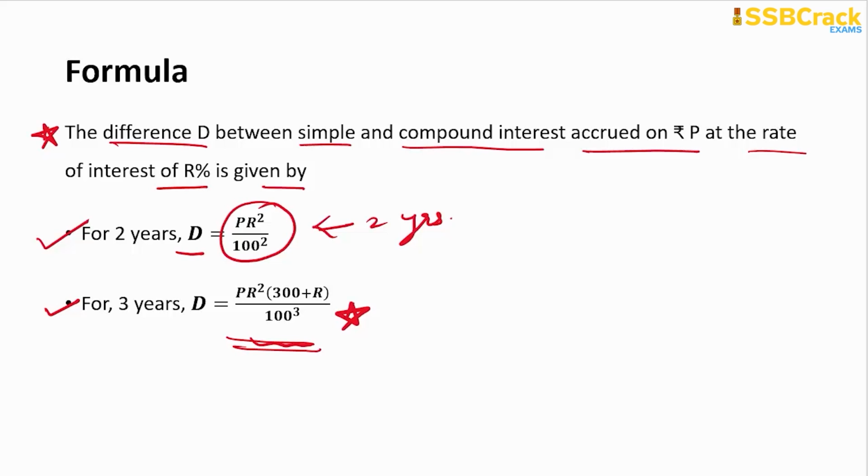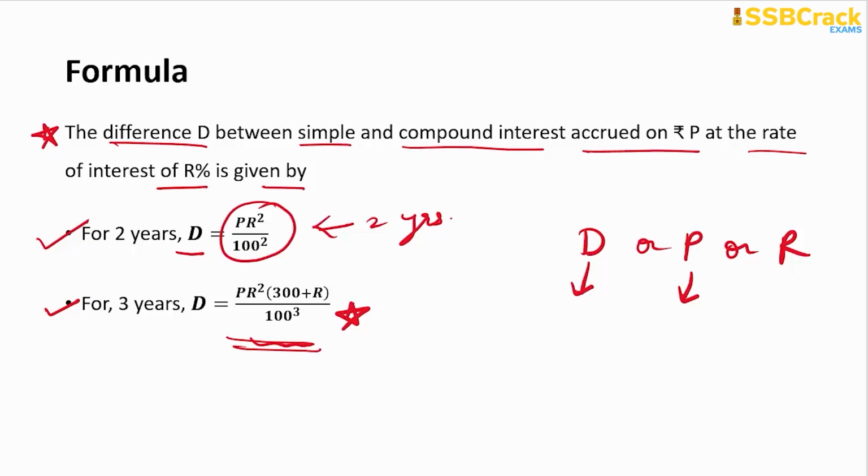Alright, so we'll be working out an example, but before that let me again mention to you that these two formulas are dependent on number of years. Okay, and these two formulas are equivalently used either to calculate D, P or R. What is D? Difference. Either they ask you in the question to calculate difference between SI and CI, or they can ask you to calculate the sum of money, that is the principal amount.